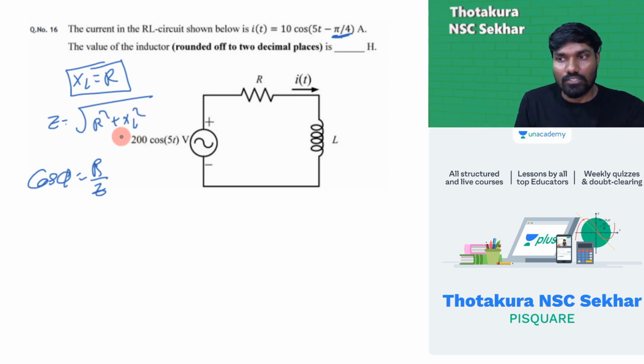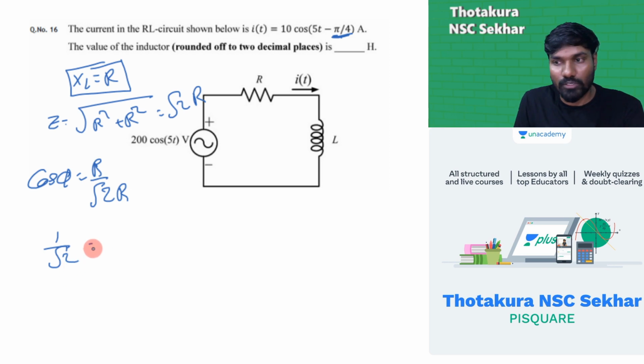Now Z is equal to, we know, square root of R square plus XL square. So in place of XL, let's put R. Then Z is equal to root 2 into R. Cos 45 is 1 by root 2.